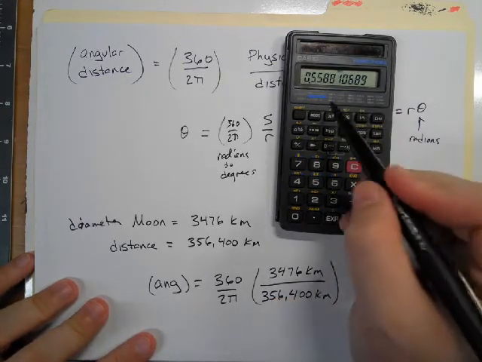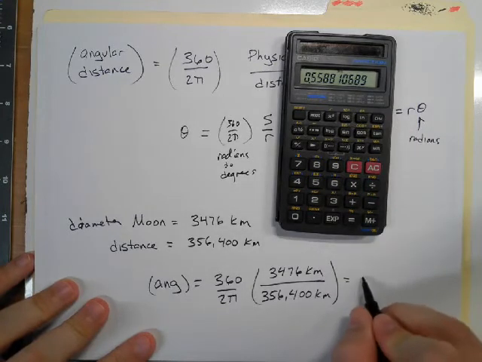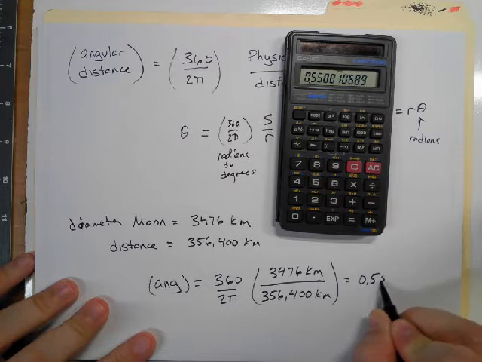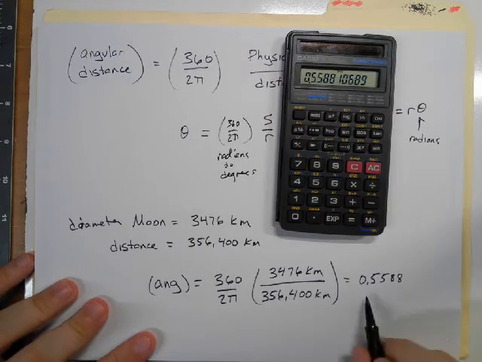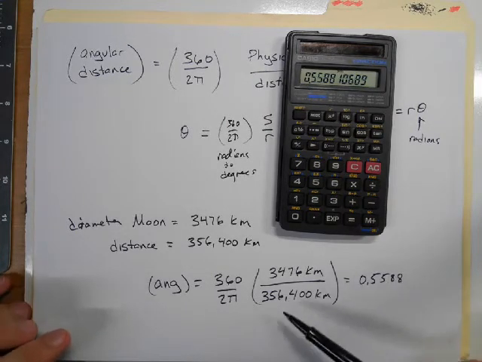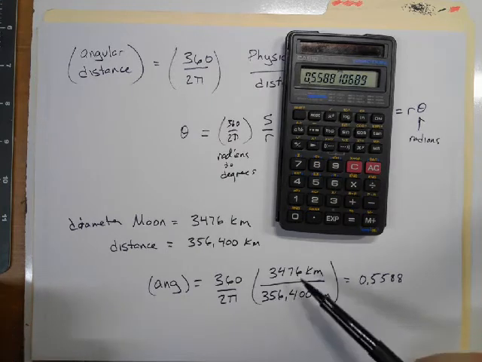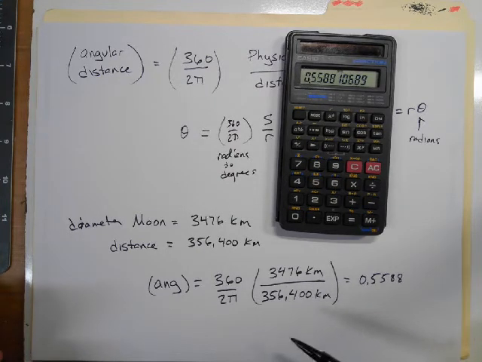And that gives us 0.5588. And I want to keep 4 sig figs because everything that I looked up is 4 sig figs. And I need 4 sig figs to compare all these numbers.